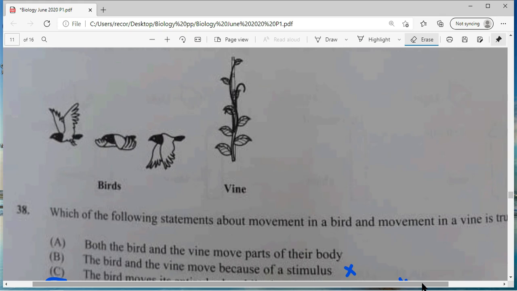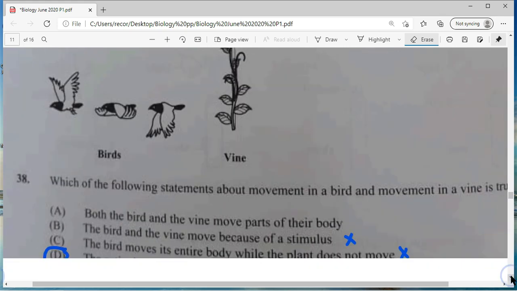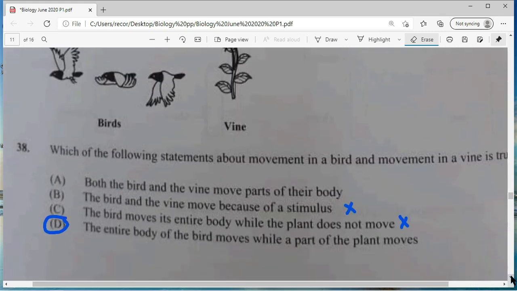So A is a pretty interesting answer. We omitted B and we also omitted C, right? If we look here, the bird and the vine move because of a stimulus. The bird is not moving because of any stimulus. The bird decided, of course, to move. The bird moves its entire body while the plant does not move.